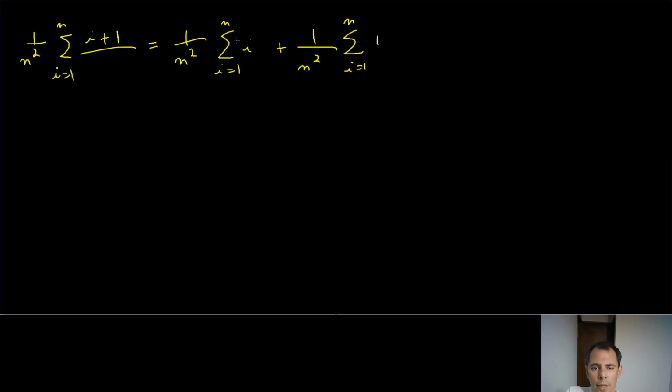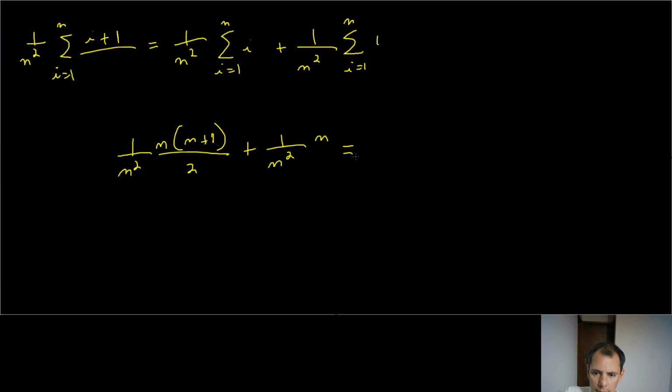Now let's evaluate this. This thing here was 1 divided by n squared. Now i, remember? The summation of i was n times (n plus 1) divided by 2. Okay, plus 1 divided by n squared of the constant. When it's a constant, it's cn, so it's 1 times n, which is just n.